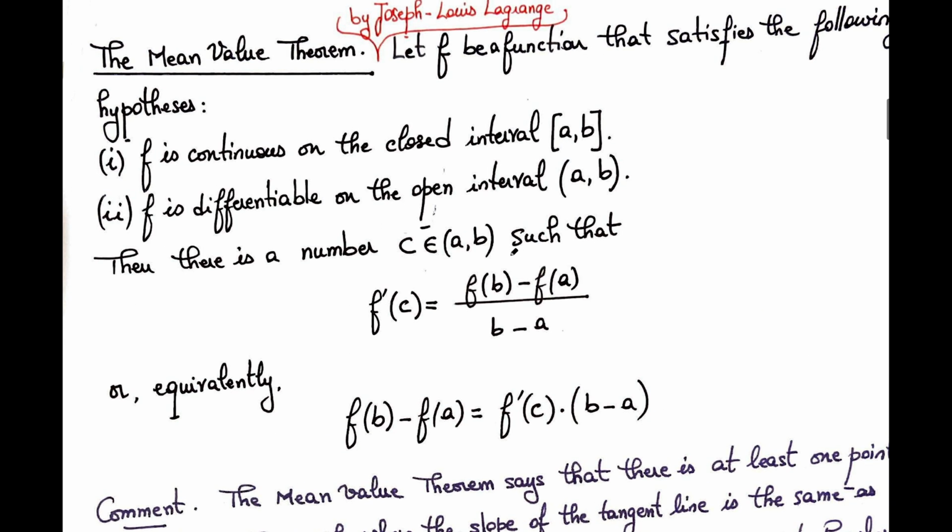Do you remember what this is? f of b minus f of a over b minus a. This is the slope of the secant line joining the points whose coordinates are a, f of a and b, f of b, right? And f prime of c is the slope of the tangent line to the curve f at the point c.